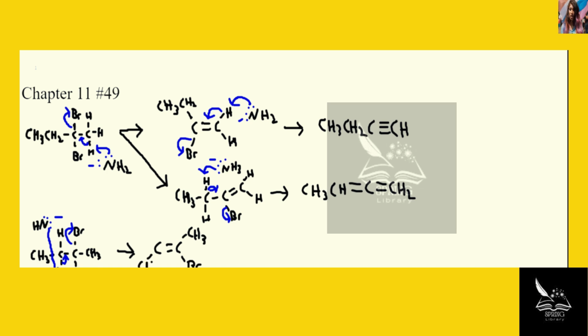And this could be E or Z. And in reality, I suppose it'll probably be a mixture of both. And so we have a hydrogen here. And then our second sodium amide comes along. Takes this proton. These electrons go here to form the triple bond, and this bromine leaves.